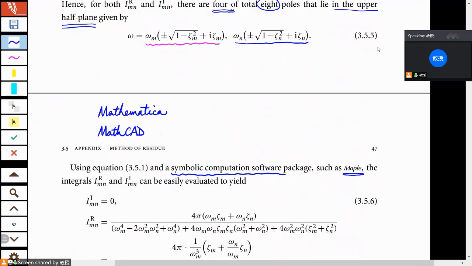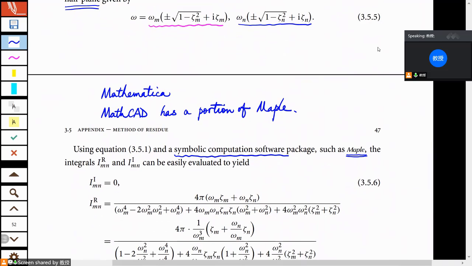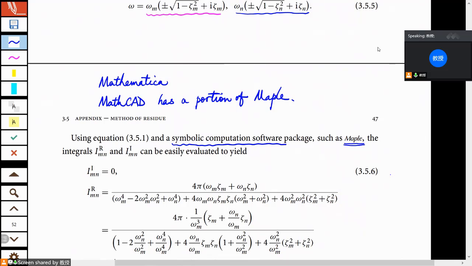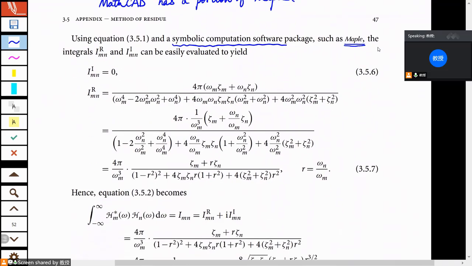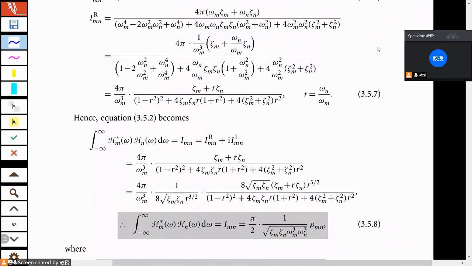I was told that MathCAD has a portion of Maple. So let's say we use Maple, and if you don't have Maple, the programming language is probably very similar. We will go through this.